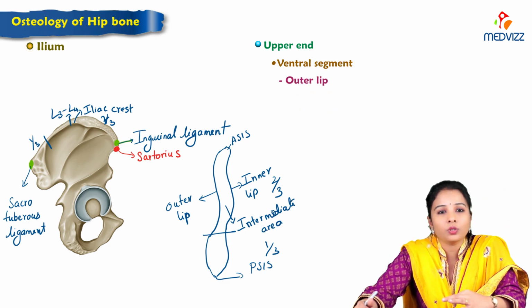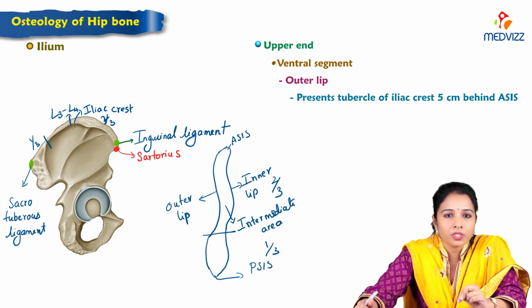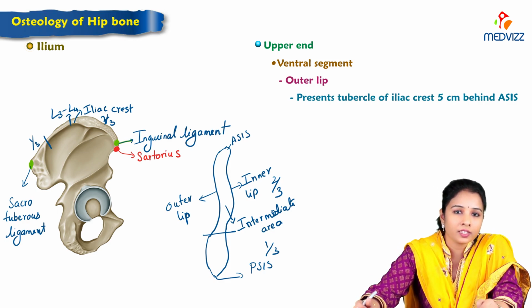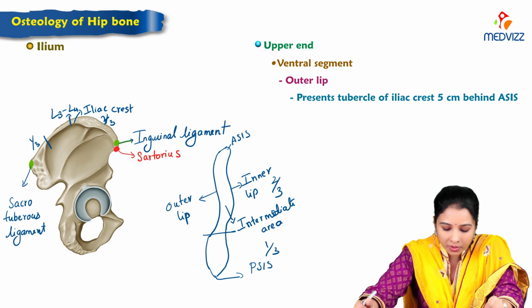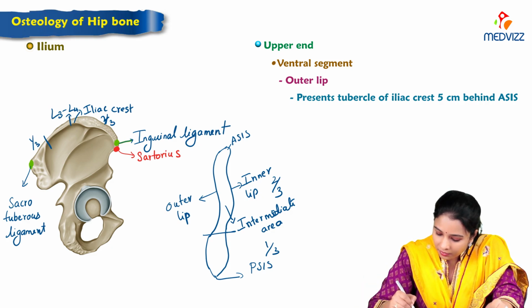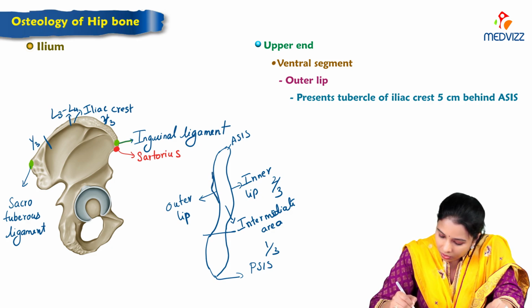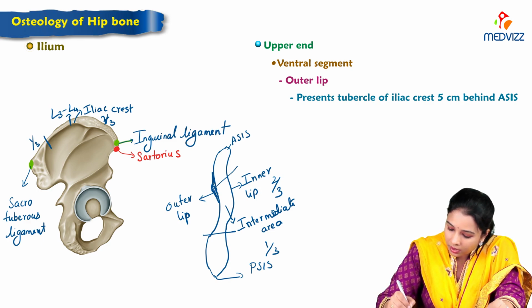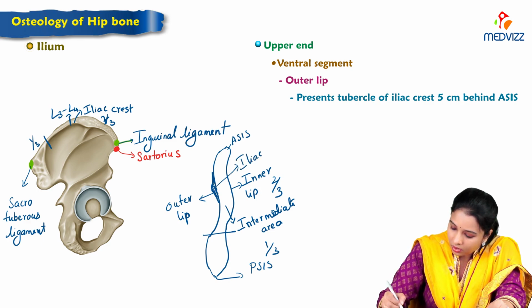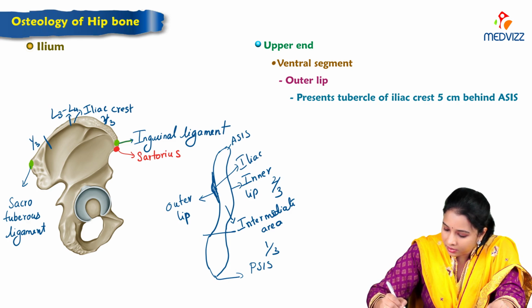So if you see the outer lip, it presents a tubercle that is called the iliac tubercle, which lies 5 centimeters behind the anterior superior iliac spine. So the outer lip shows an elevation which is called the tubercle of the iliac crest.